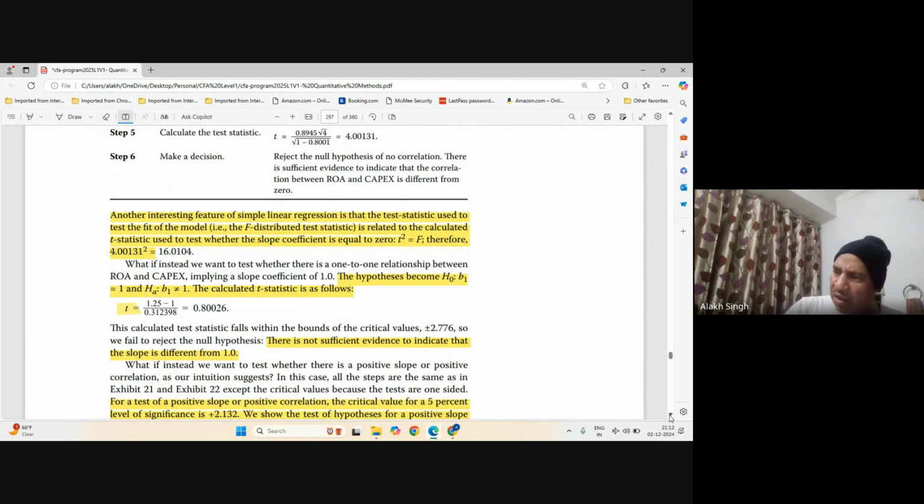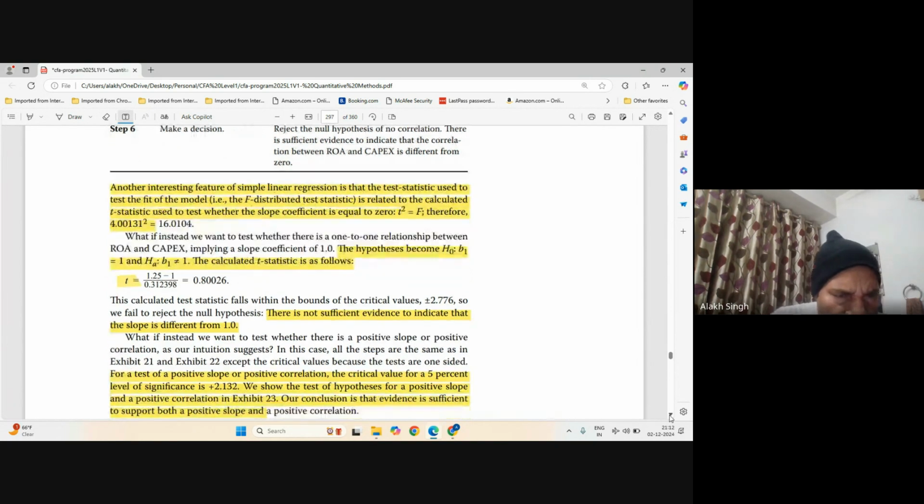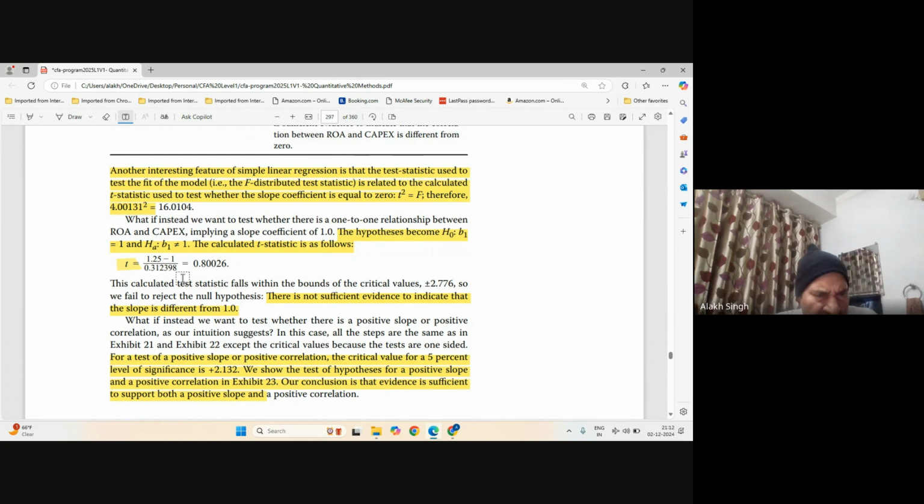But I was looking at how it calculated the standard error of beta 1 hat. Okay, here, another test: this F is the t square only for simple linear regression with one variable. Another interesting feature of simple linear regression is that the test statistic used to test the fit of the model is related to the calculated t statistic used to test whether the slope coefficient is equal to 0.